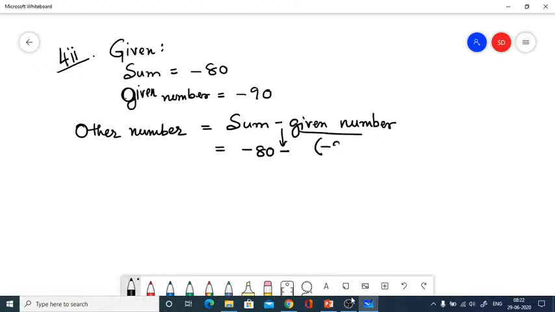The given number is minus 90, so it is minus 80 plus 90. Again you can see one negative, one positive, so we have to find the difference, that is, we need to subtract. The subtraction will be 10, and what will be the sign? See, the larger number is positive, so this will also be positive. So the answer is plus 10.